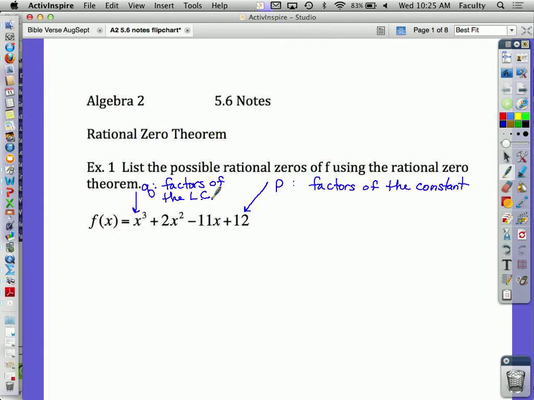And the rational zero theorem says this: P divided by Q are the possible rational zeros. Now that's kind of an abstract explanation. P divided by Q are possible rational zeros.